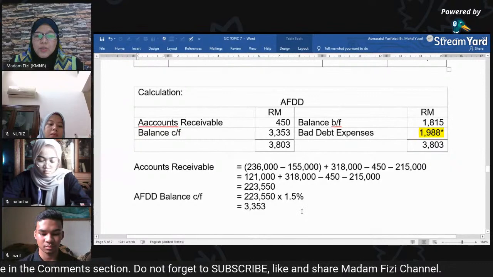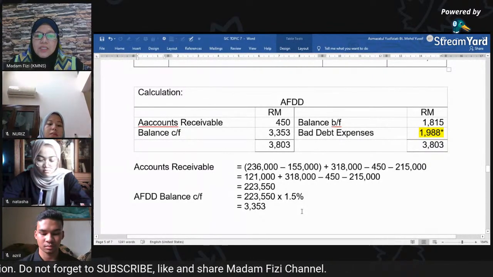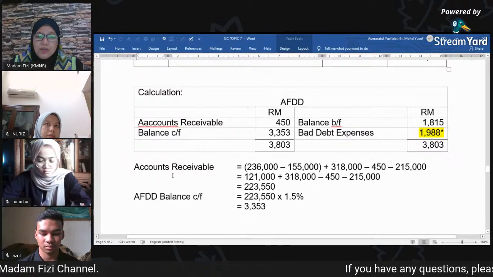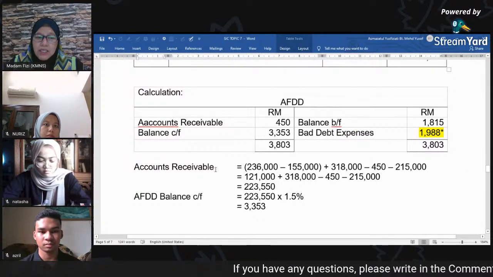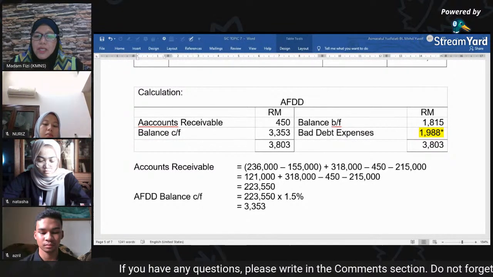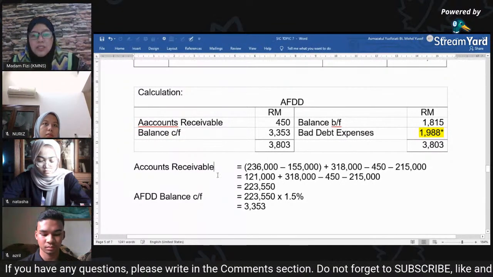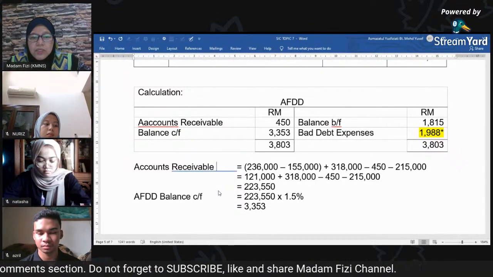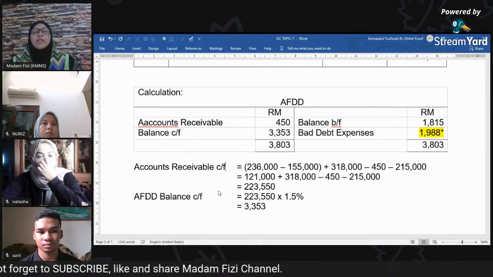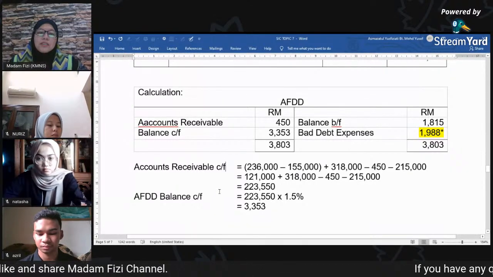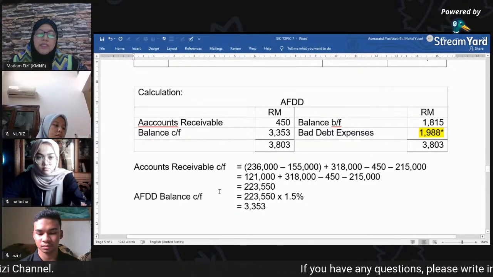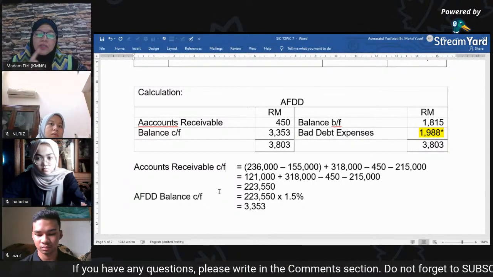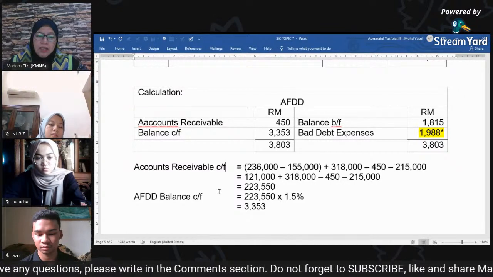Firstly we have to calculate apa? We have to calculate the accounts receivable balance, right? Firstly, sebab dia guna percentage of accounts receivable, so we have to calculate the accounts receivable baki akhir.